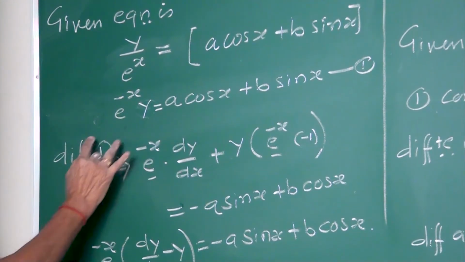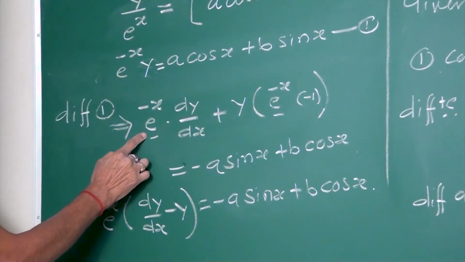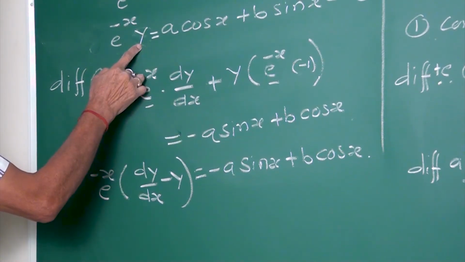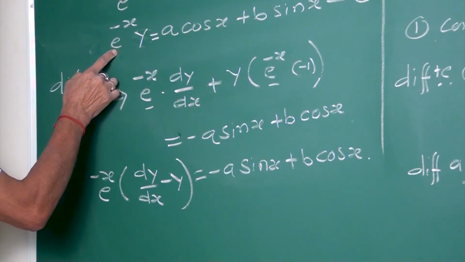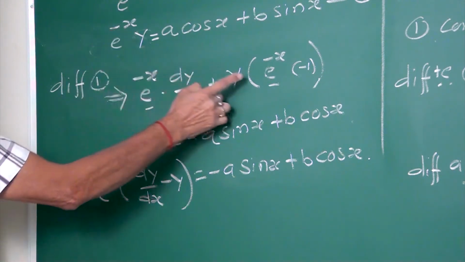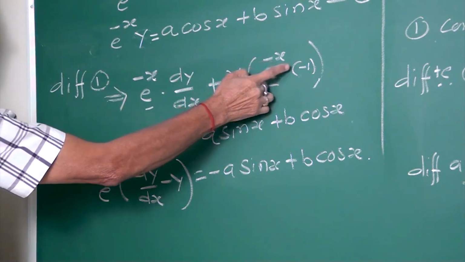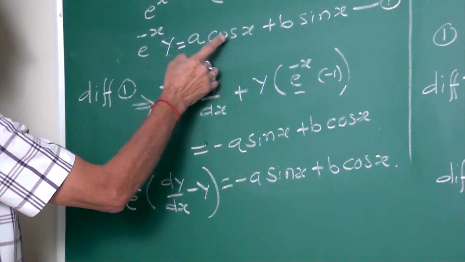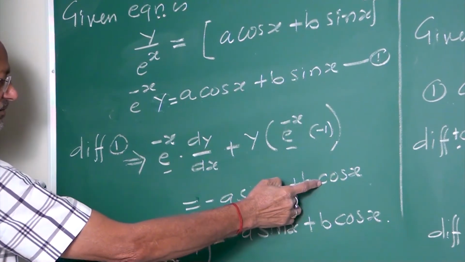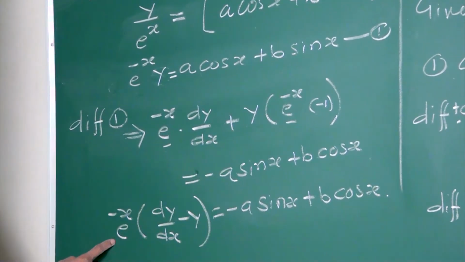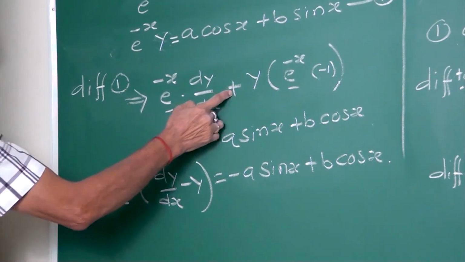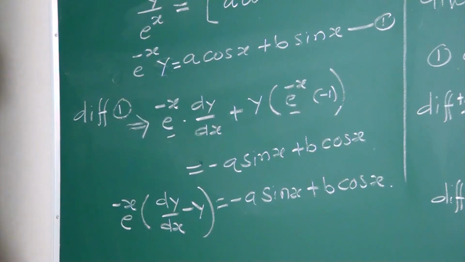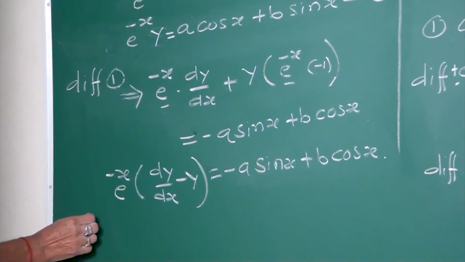Differentiate with respect to x using the product formula: first function into the derivative of the second, plus second function into the derivative of the first. e to the power minus x into the derivative of its power, minus 1, equal to a cos x giving minus sin x, plus b sin x giving cos x. e to the power minus x is common, leaving dy by dx minus y equal to this. Same. Two arbitrary constants, so differentiate once again.